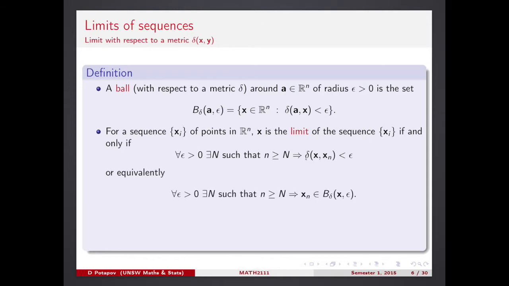Or you can replace this claim by just saying that xn falls within the epsilon ball centered at the point x, with respect to the delta metric.